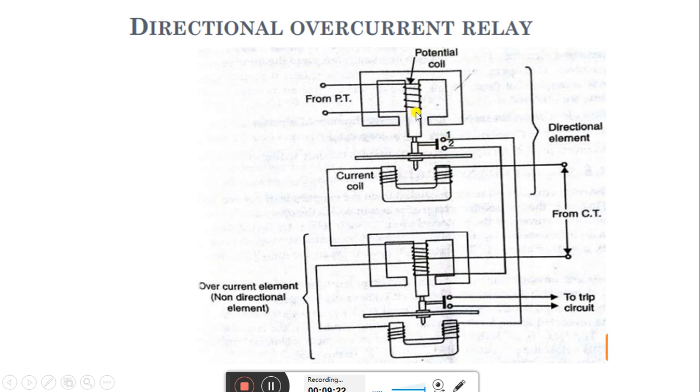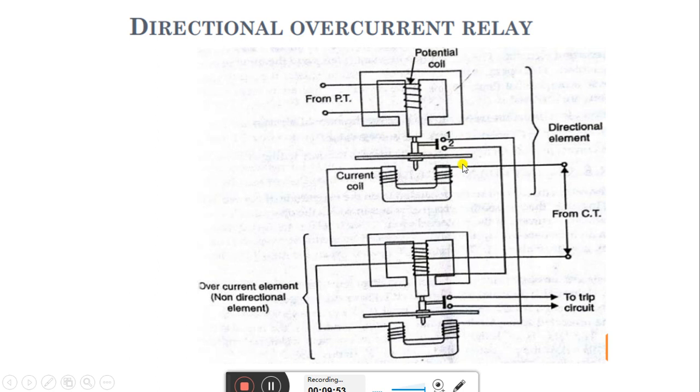A directional element can be identified by the fact that it has both the voltage element coil and the current element coil. The voltage coil, that is the potential coil, is supplied from the potential transformer, and the current coil is supplied from the current transformer. So once we talk about the directional power relay or directional overcurrent relay, we will have both voltage and current coils.